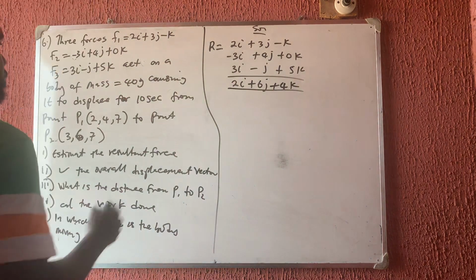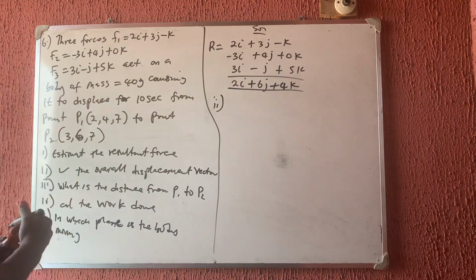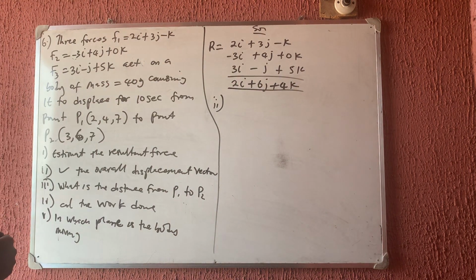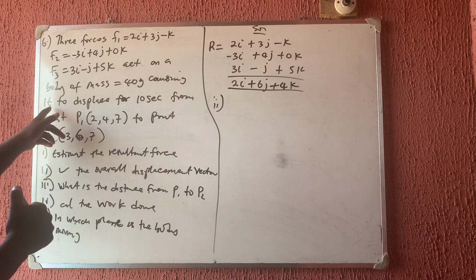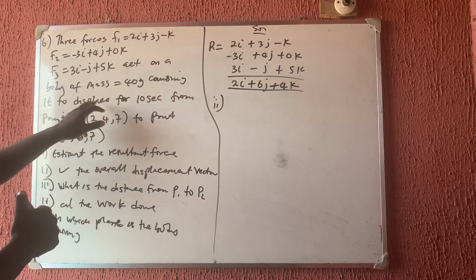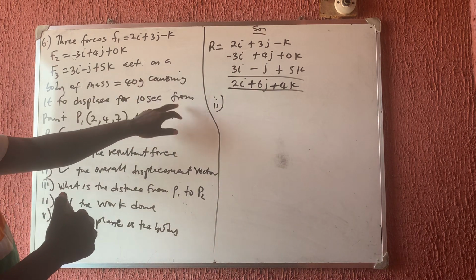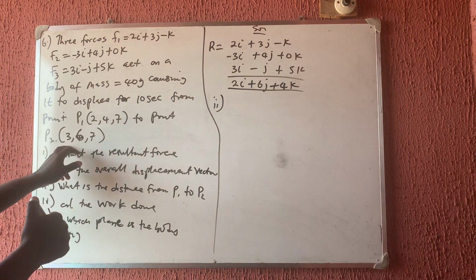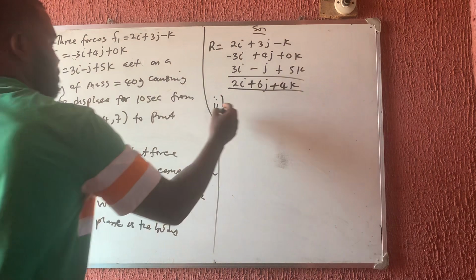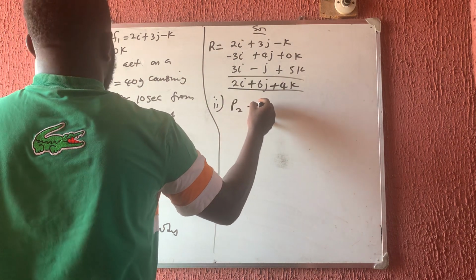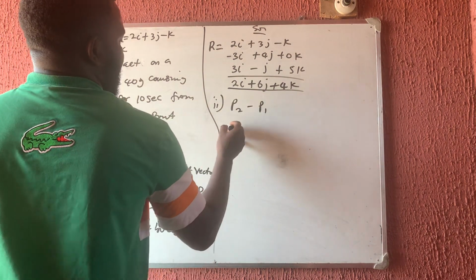So the next thing they say we should calculate is the displacement. Don't forget that displacement is a vector quantity. Okay? And displacement means from what point to what point. Read it carefully so that you understand what they say. They say that causing it to displace for 10 seconds from this point to this. This is the starting point, so it will not be this minus this. It's going to be P2 minus P1.